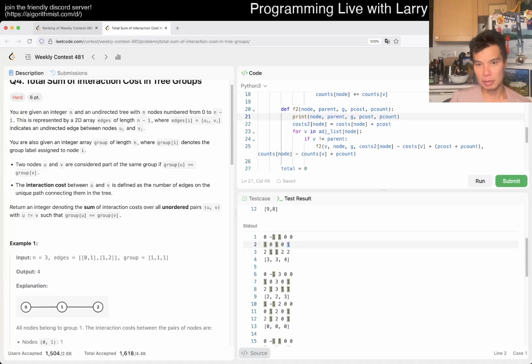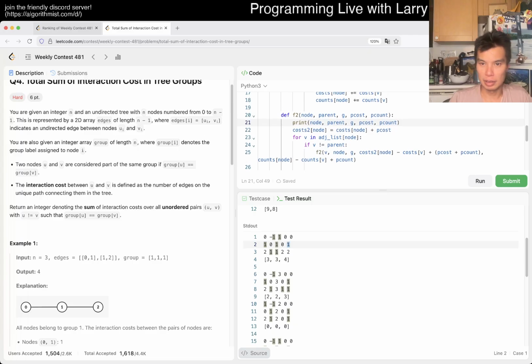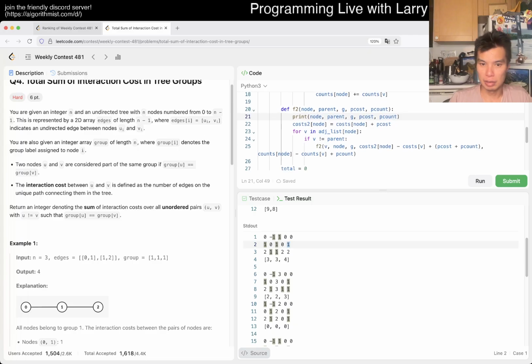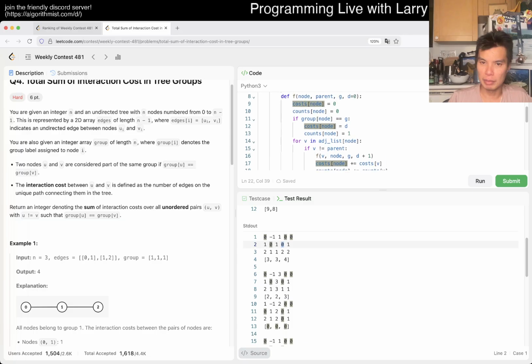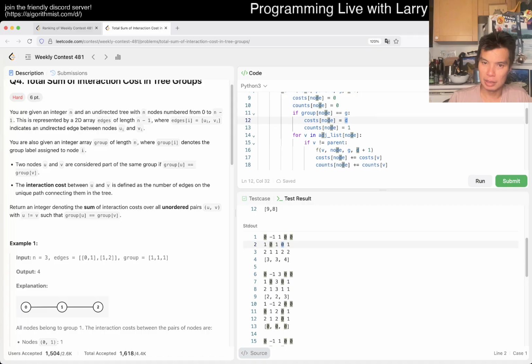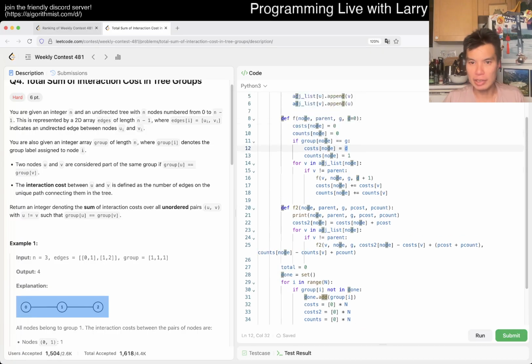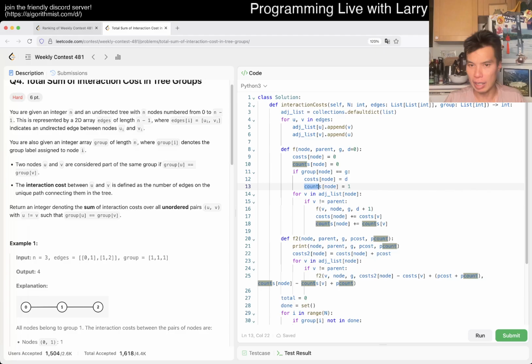So then 1 is going to take the cost. P cost is actually 0, so cost of node is already wrong, maybe, because it's at 1 distance away plus 2. Okay, now I actually did this as a hack because I didn't have counts, but I think I could just use counts actually.